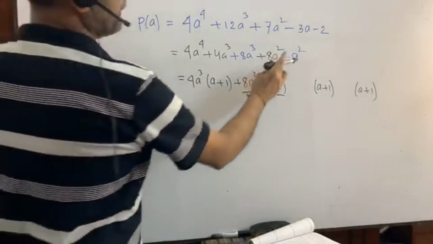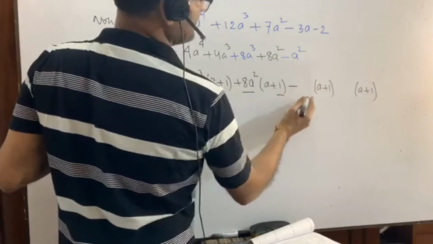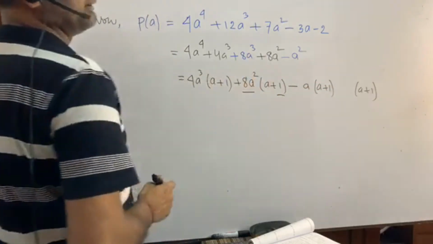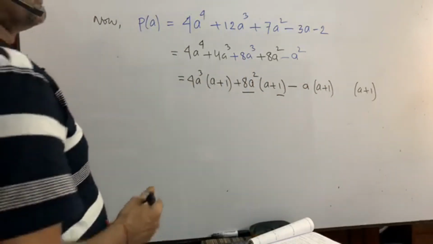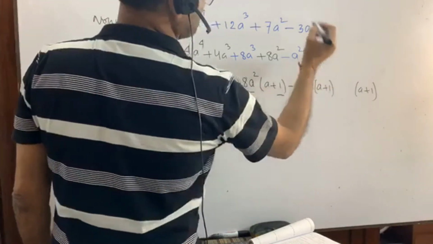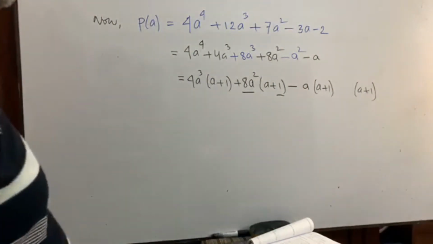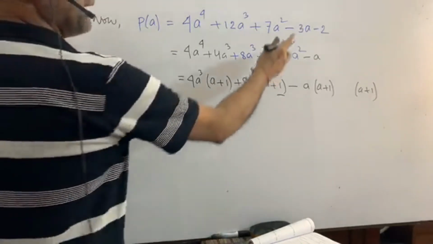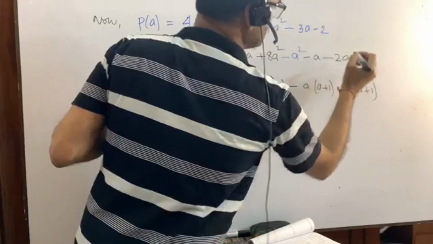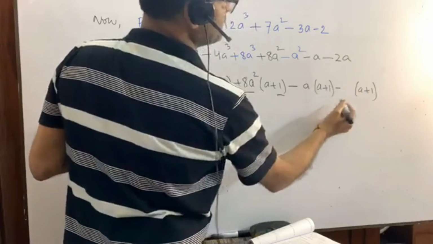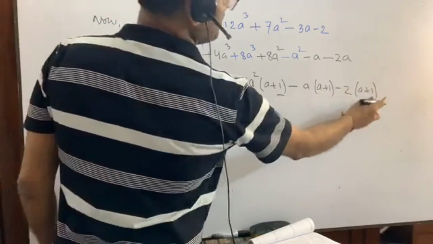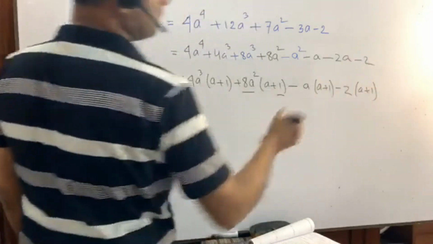Then this is minus a square. We need a, and a will make a square if we multiply. Then this minus a and plus 1 is equal to minus a, right? What we need here? Minus 3a. Then we need minus 2a here. This minus a into 2 equals to minus 2a, and minus 2 plus 1 equals to minus 2.